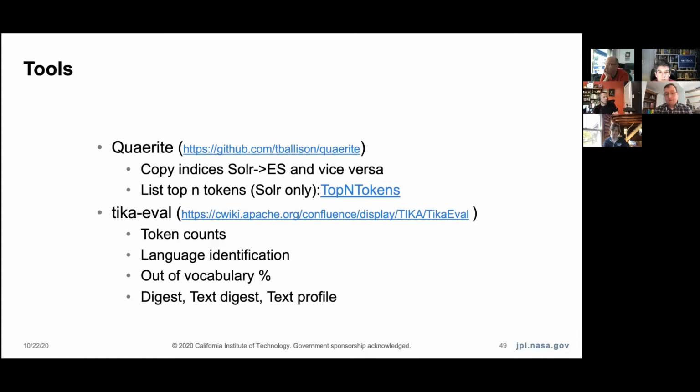I also added some features into Tika eval. I added text digest, not just the digest that was already part of it, so that you can index those at index time if you're using Tika eval to enrich the metadata about the content that you're pulling out of files. Language identification and out of vocabulary were already built into Tika eval.